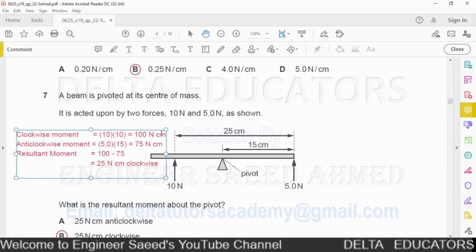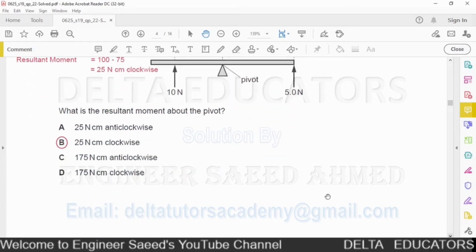Now here clockwise moment is more as compared to anti-clockwise moment, so the resultant moment will be in clockwise direction. So here the resultant moment is 25 Newton centimeter in clockwise direction. Now we check the options. 25 Newton centimeter in clockwise direction is given in option B. So correct option, option B.